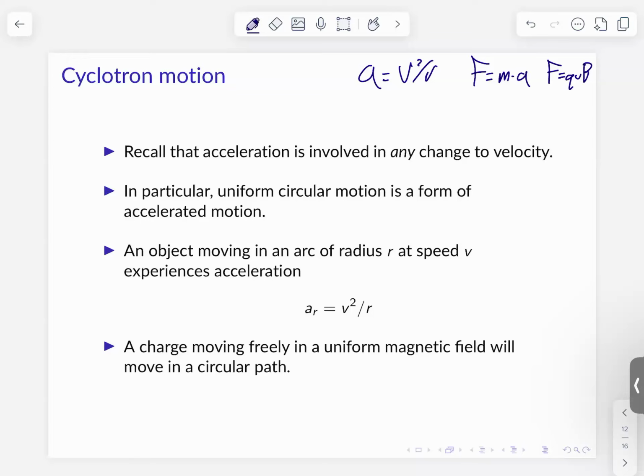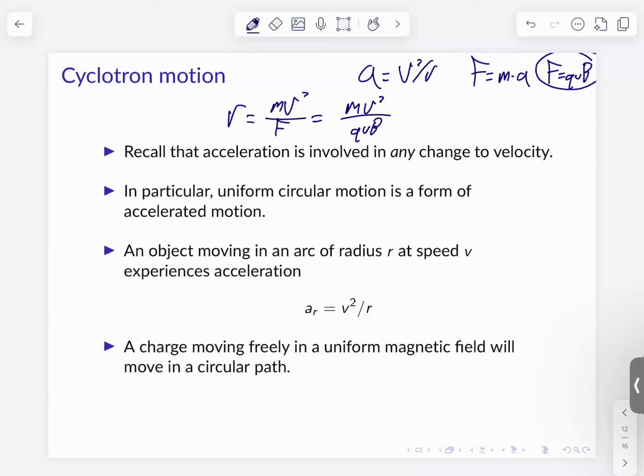Okay, so here's what I was looking for. I guided you in the previous part to get the formula radius equals mv squared divided by force, right? And then we've got this force equals qvb. If we use the principle of algebraic substitution, instead of writing F, we could just write qvb. That's the way algebra works, right?